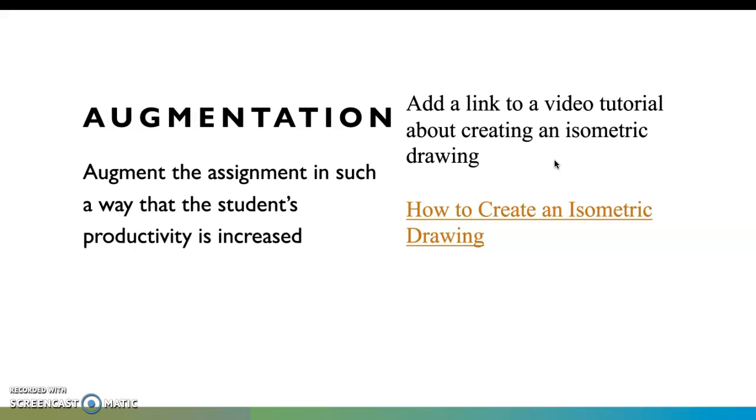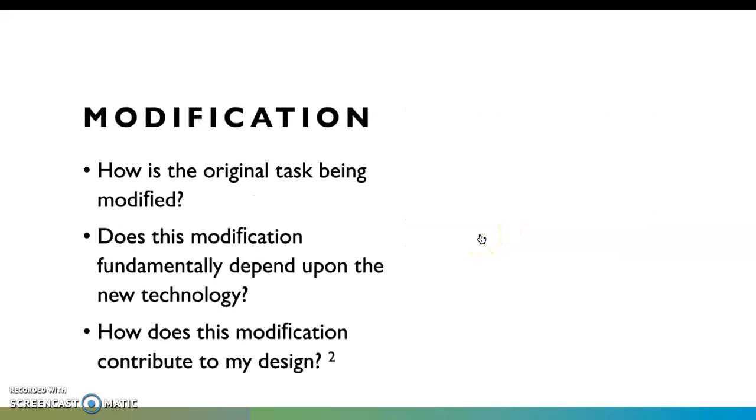But suppose the student was too shy to ask for clarification on one of the steps. So along with the digital worksheet, I can add a link to a video tutorial about creating isometric drawings. As you can see, this is a live link, and so the students would be able to access that video.